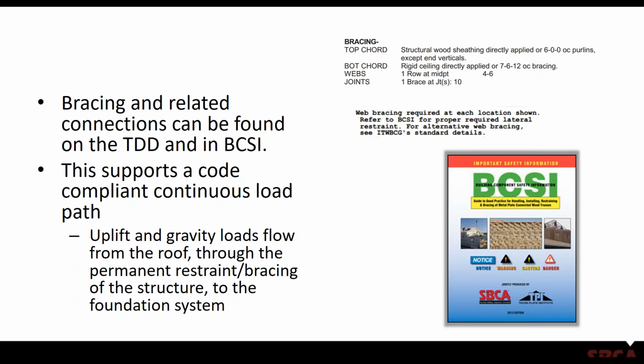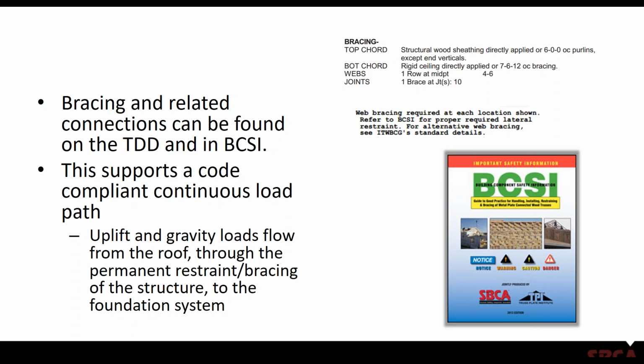Showing a couple of notes that are on the truss design drawing. The one on top indicates that for this truss, the design assumes that the top chord is restrained and braced with structural wood sheathing directly applied, or purlins at 6 foot on center. Bottom chord in this case is rigid ceiling directly applied, or purlins at 7 foot 6 3/4 inches on center. And you'd have to look at the truss design drawing, but in this case, 1 row of continuous lateral restraints required on web 4 to 6.